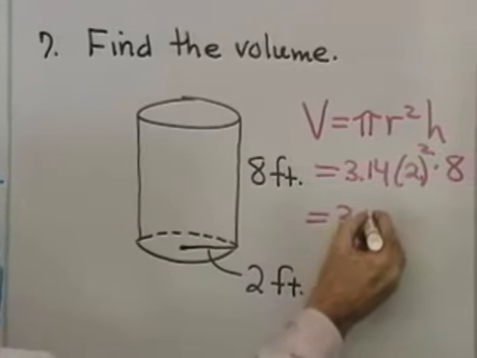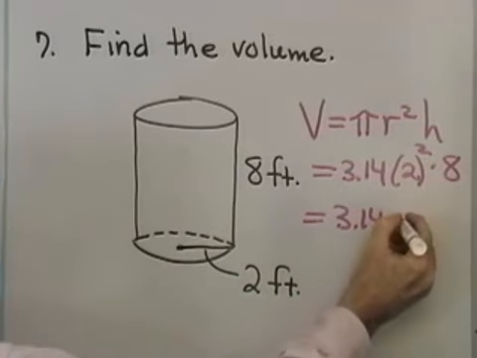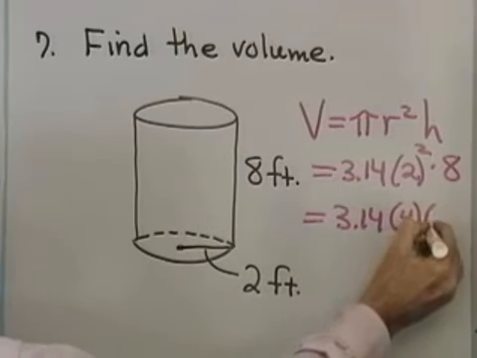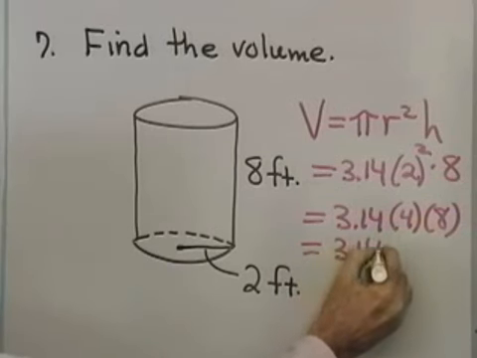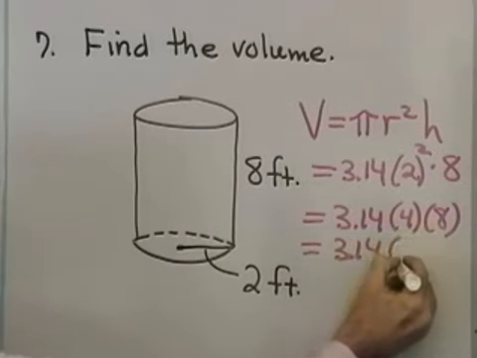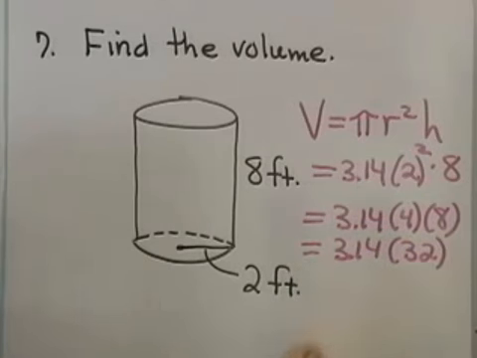So that's 3.14. 2 squared is 4 times 8. So 3.14. And then 4 times 8 is 32.